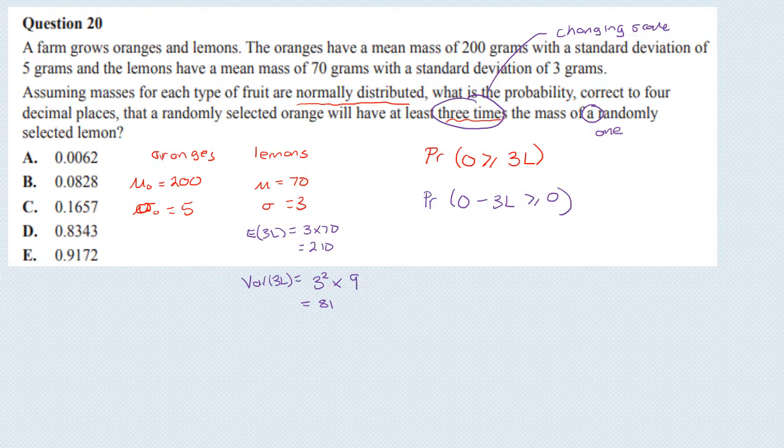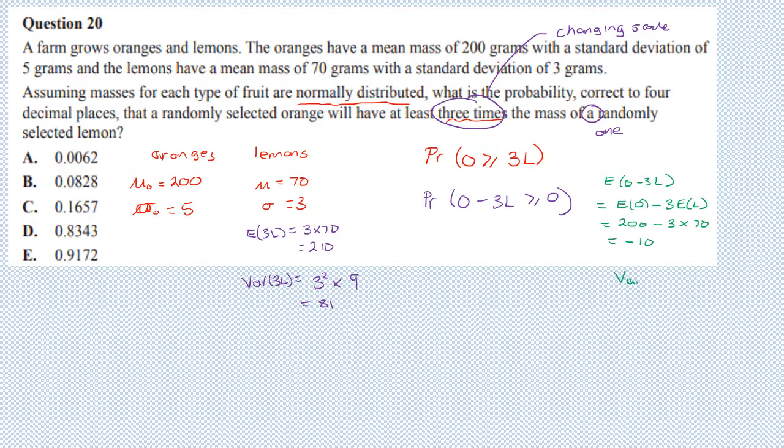The expected value of O minus 3L is the expected value of oranges minus 3 times the expected value of the lemons. So we get 200 minus 3 times 70, which gives us negative 10.